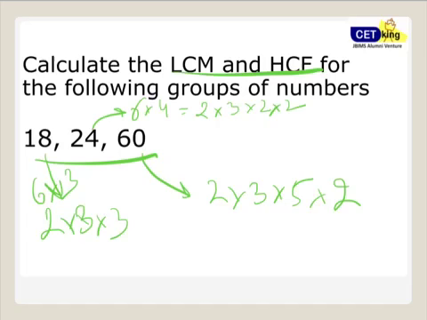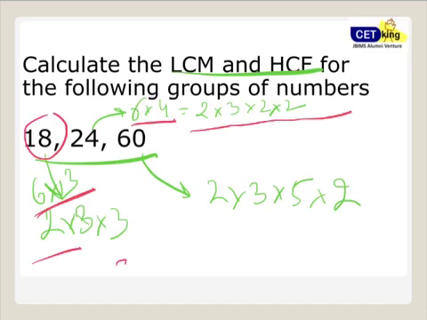LCM will be a little tricky for this question. To make your life easier in calculation, what I normally do is, suppose 18 is 6 into 3. Don't break them into 2s from the start; start from the bigger factors and then go down to smaller factors. So 6 into 3, 6 is 2, 3 and 3. 24 is 6 into 4, which is 2 into 3 into 2 into 2. 60 will be 2 into 3, 6 and 10.